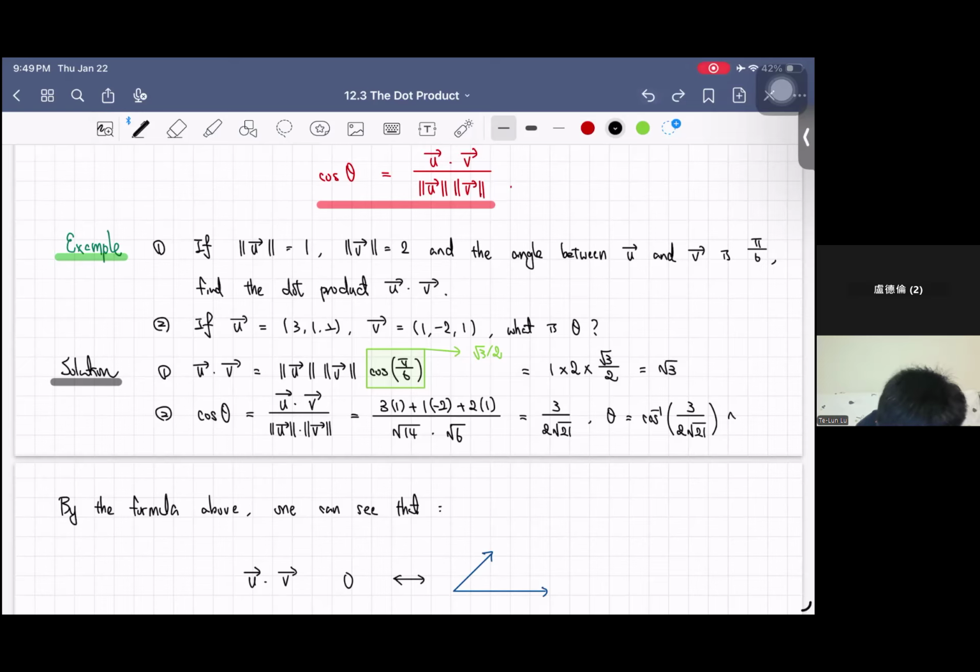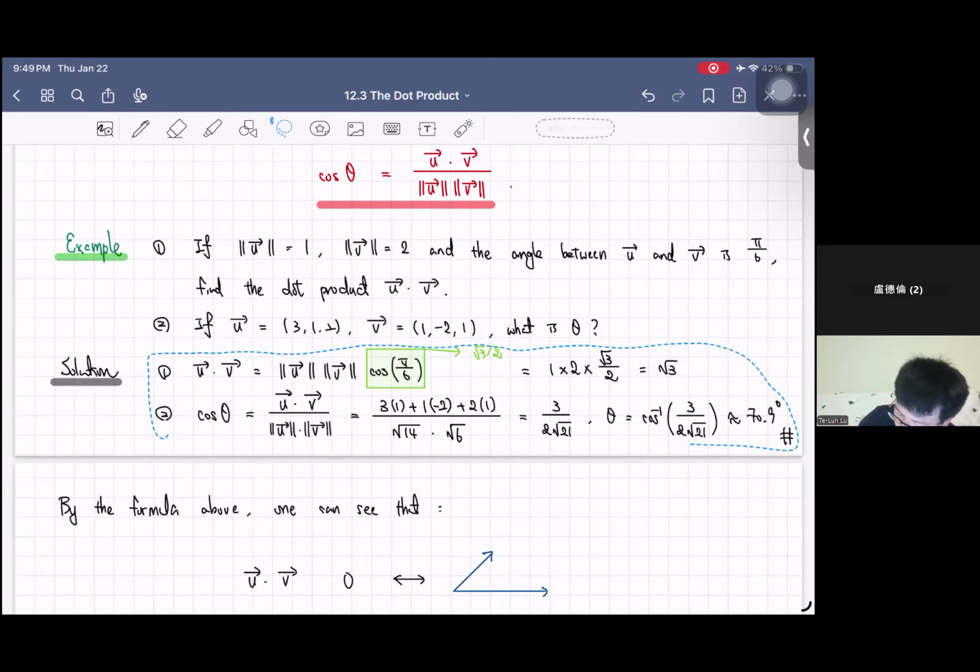And this is approximately, let me see, it should be around 70.89. Let me just write this. Make sure that you guys know how to use the inverse trigonometric function in your calculator.